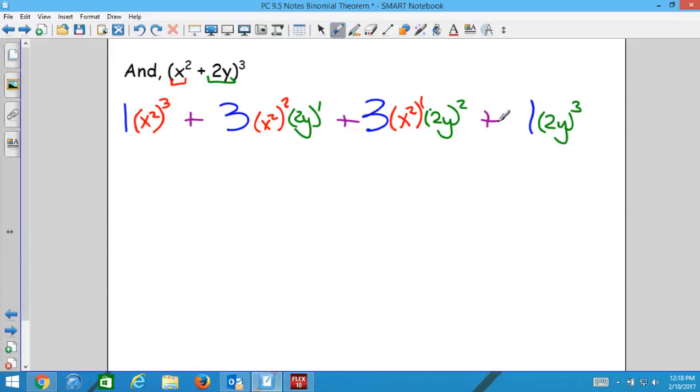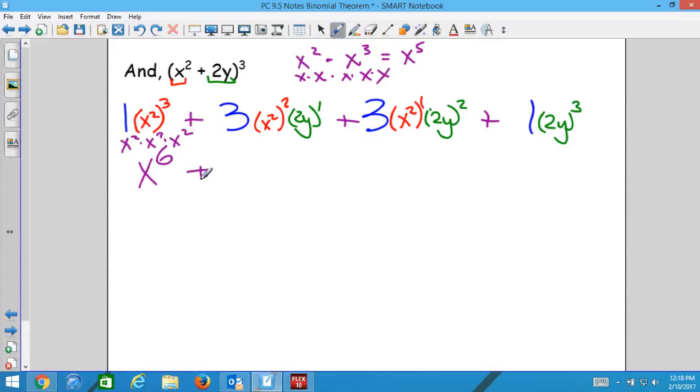Remember, when you do power to a power, you multiply your exponents. So x to the 6, because this one's x squared times x squared times x squared, which is 1, 2, 3, 4, 5, 6.